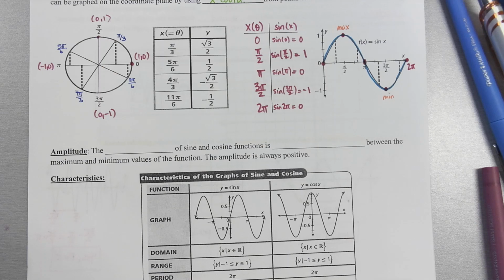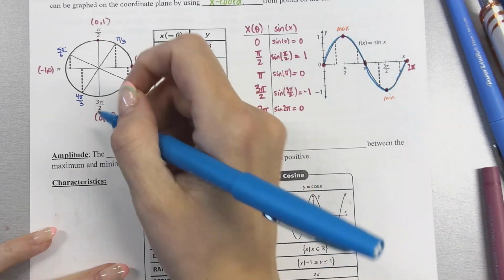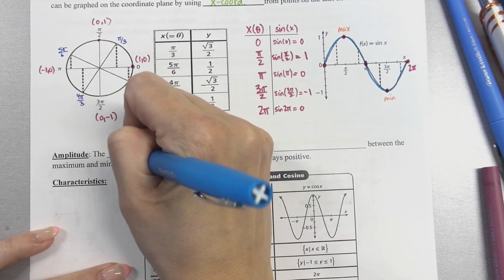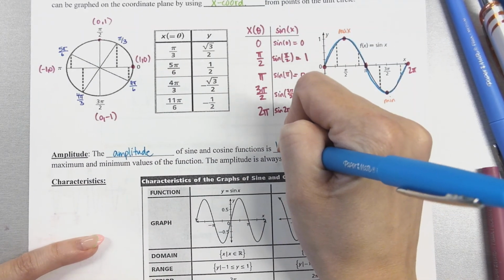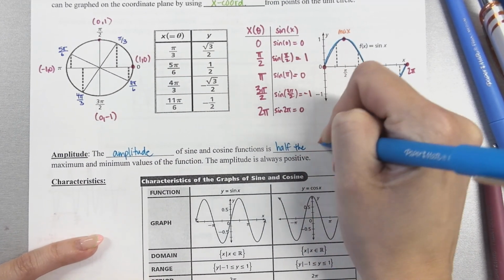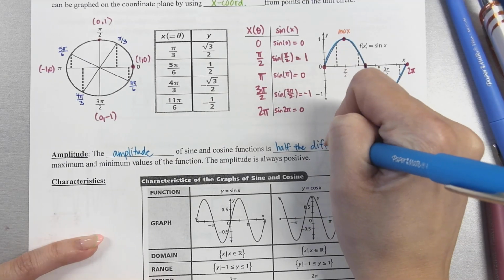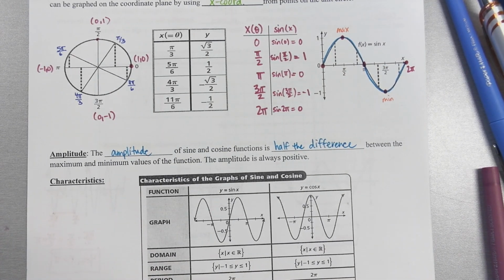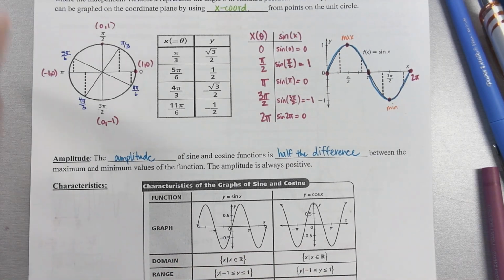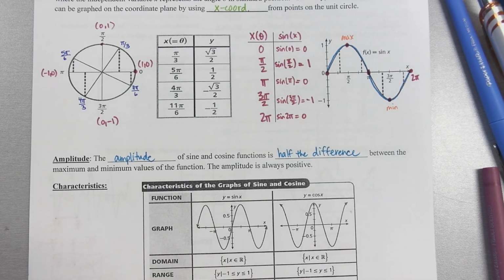You guys probably recall from the packet that the amplitude is found by doing half the difference between the maximum and the minimum values of the function. And one thing you should know about the amplitude is it's always going to be a positive value.